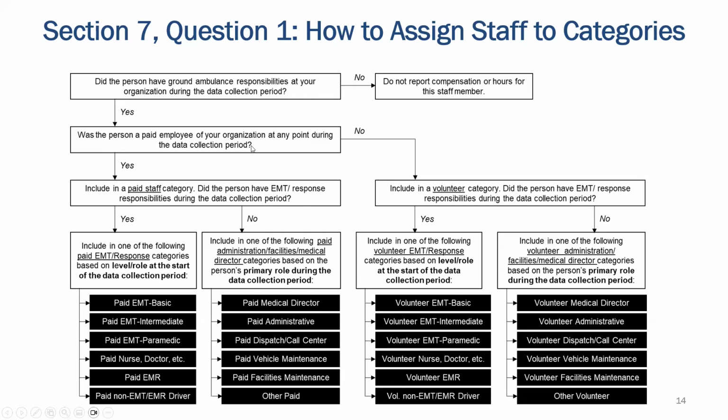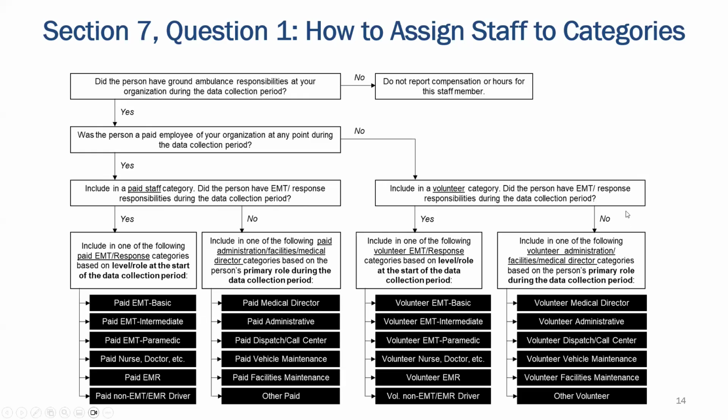It's a good example of where the instructions help out. If someone transitioned from a volunteer to paid or paid to volunteer position during your organization's 12-month data collection period, there's an instruction to always consider them in a paid category, even if they switched later to volunteer.